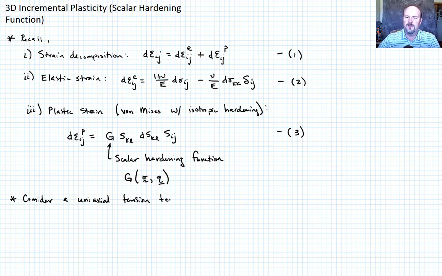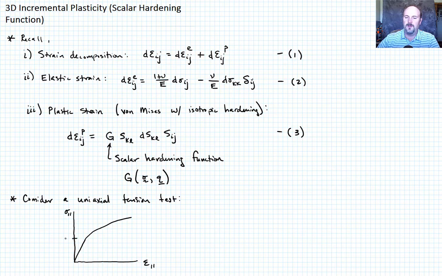Okay, so if we do that, let's just draw a picture of what our curve is going to look like. Here's our stress strain curve. Here's strain, here's stress, and I'm going to label this now: these are epsilon 1,1 and sigma 1,1 that we're measuring. So we have an initial linear increase, and then yielding, and then hardening.